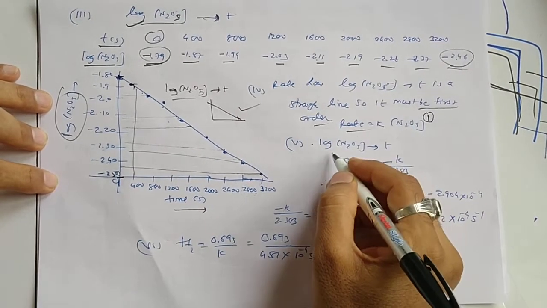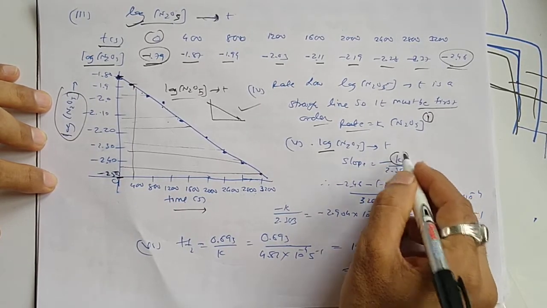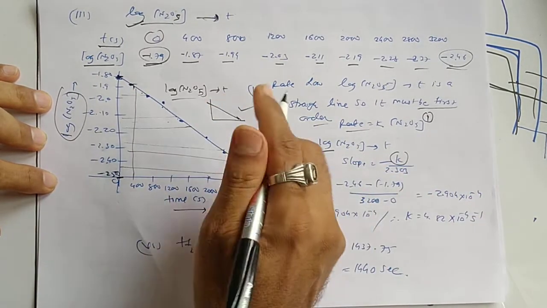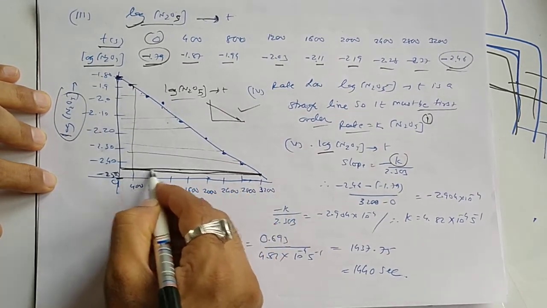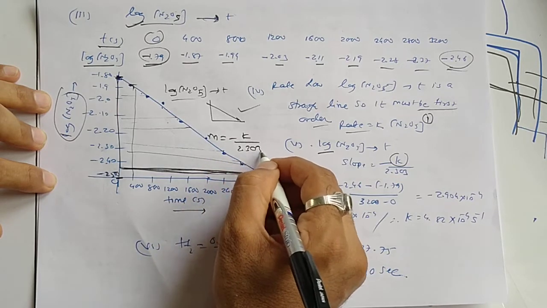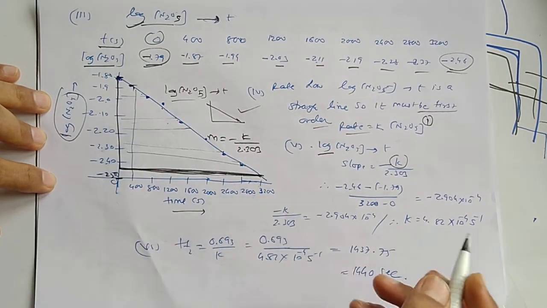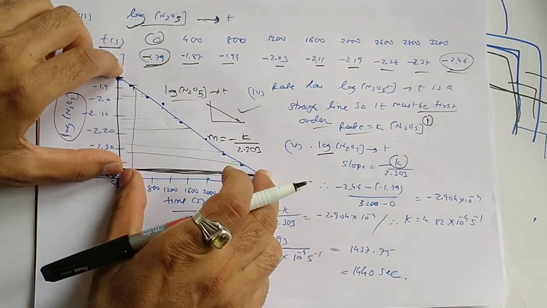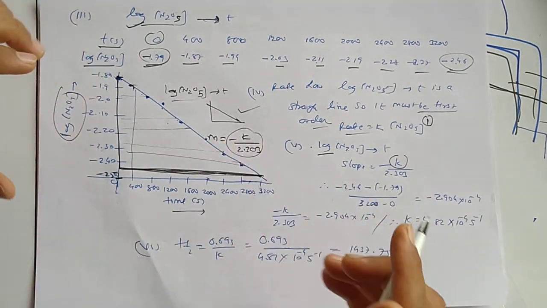Now the fifth one. From log N2O5 versus T, find out k. From the graph, yes, slope. This is our slope. The value of slope is minus k upon 2.303. So the value from the graph, this portion upon this portion, is the slope, and we will compare with this one.